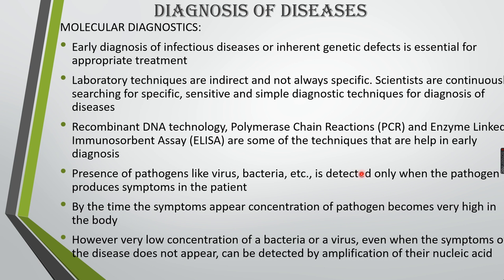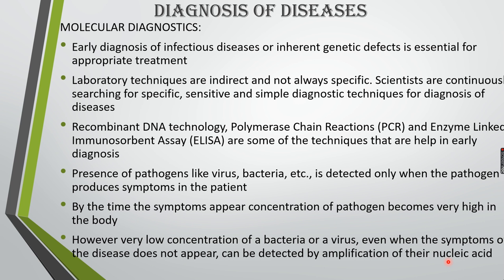But we have to find out the pathogen earlier. By the time the symptoms appear, the concentration of pathogen becomes very high in the body. So it is very difficult to treat the person completely. Very low concentration of the bacteria or virus, even when the symptoms of the disease do not appear, can be detected by amplification of the nucleic acid.